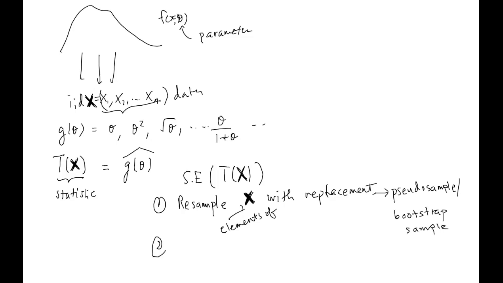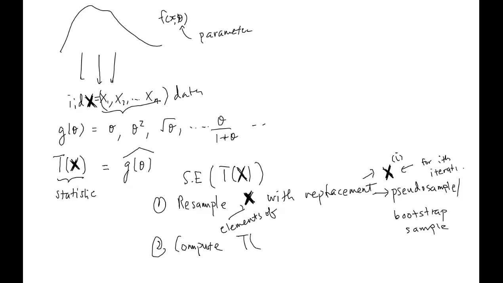Then the next step is you compute T. You resample, and you get this, which denotes the resampled values for the ith iteration.